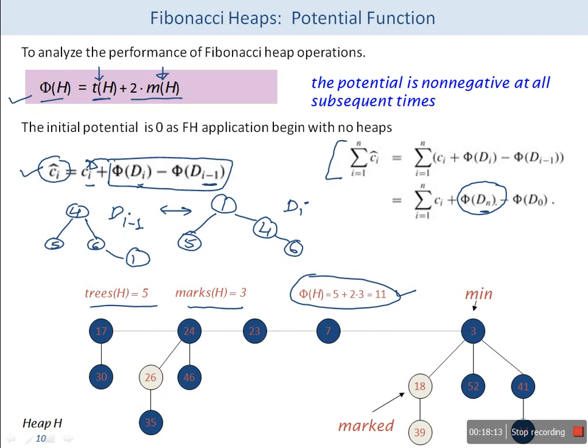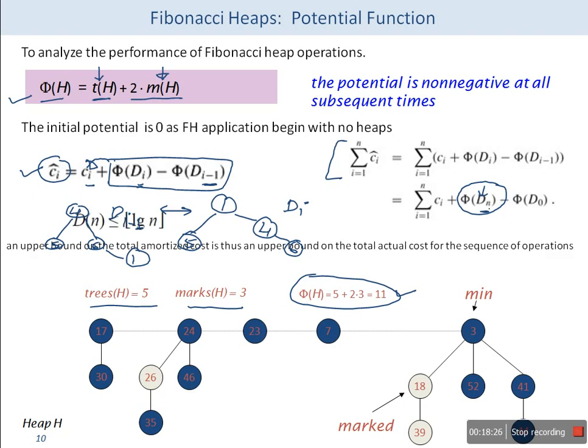In this case, because this is a Fibonacci heap, d is the degree of a node in a root list, and the degree of a node cannot be greater than log of n. Okay. So D(n) cannot be greater than log n, because it is a binomial tree, so it will follow the binomial heap property.